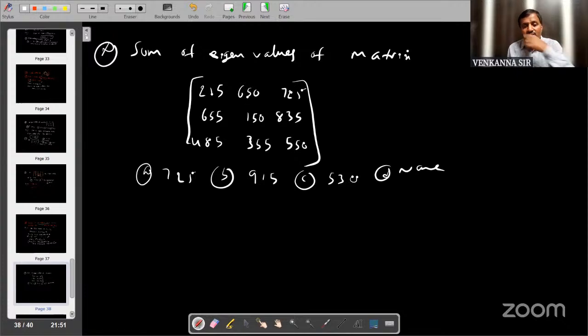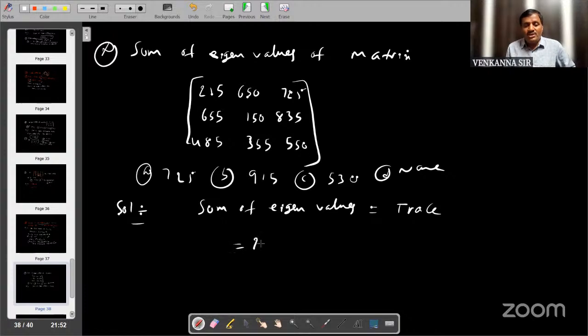It's a very interesting, simple question. What is the property we have to use? Sum of the eigenvalues is equal to the trace. Straight property. What is the trace of this matrix? Sum of the principal diagonal elements: 215, 150, 550.